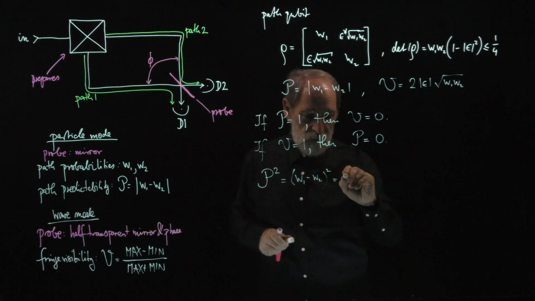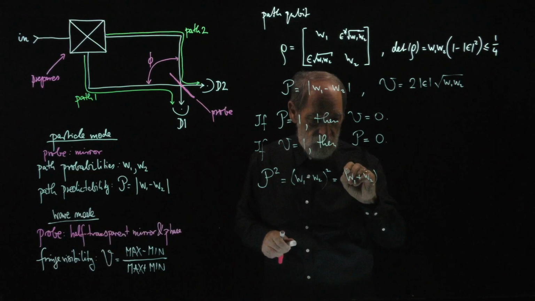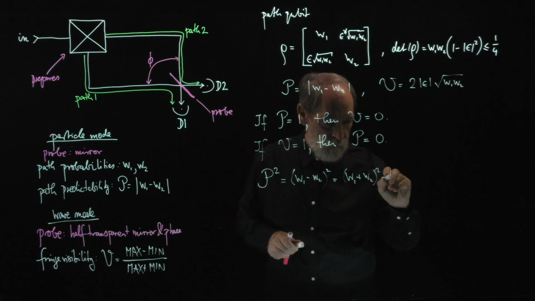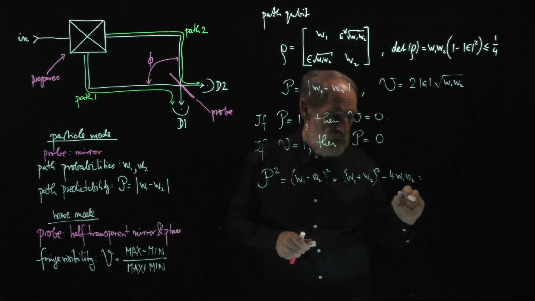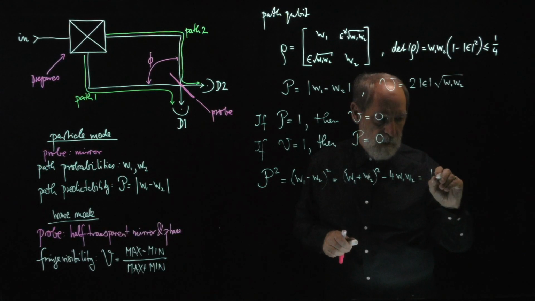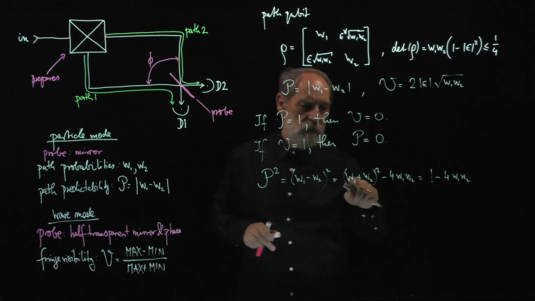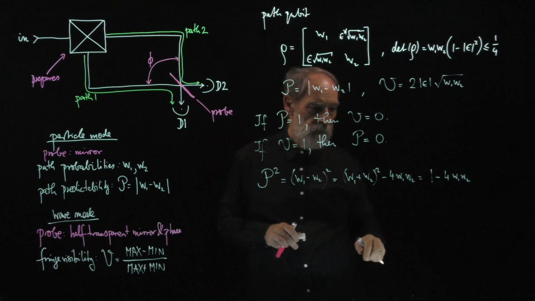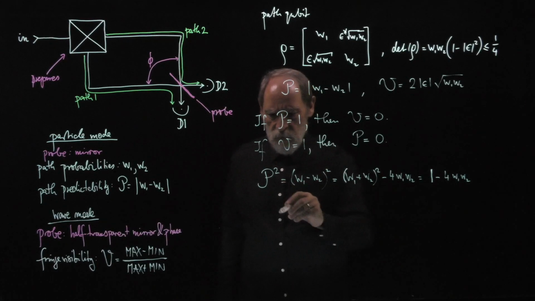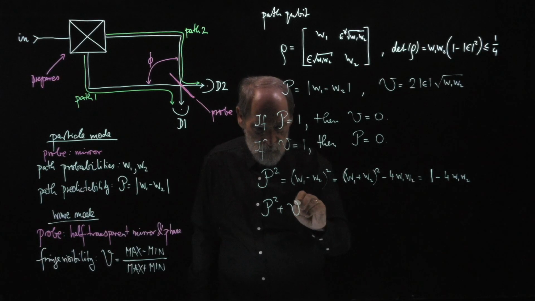And that is in turn equal to (W1 + W2)² − 4 W1 W2. So this is equal to 1 − 4 W1 W2, because W1 + W2, the trace of rho, is 1. So now I'm taking this P² and adding V² to it.